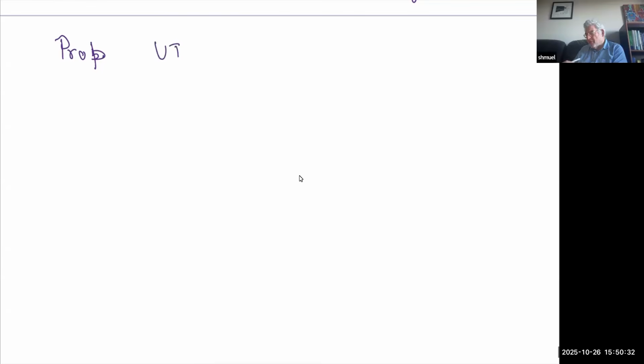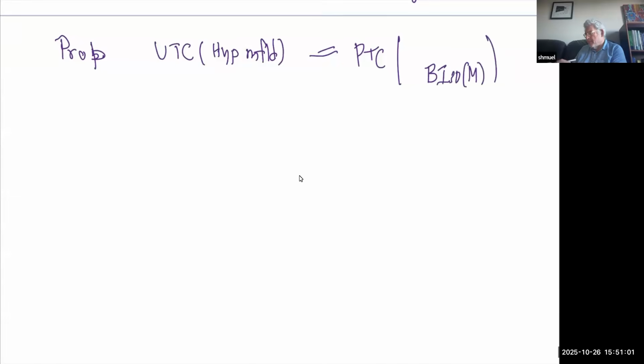which is that the universal topological complexity of a hyperbolic manifold is equal to the parametrized topological complexity over B isometries of M. Let me just say, the isometry group is inside of the diffeomorphism group, so this is the M bundle.